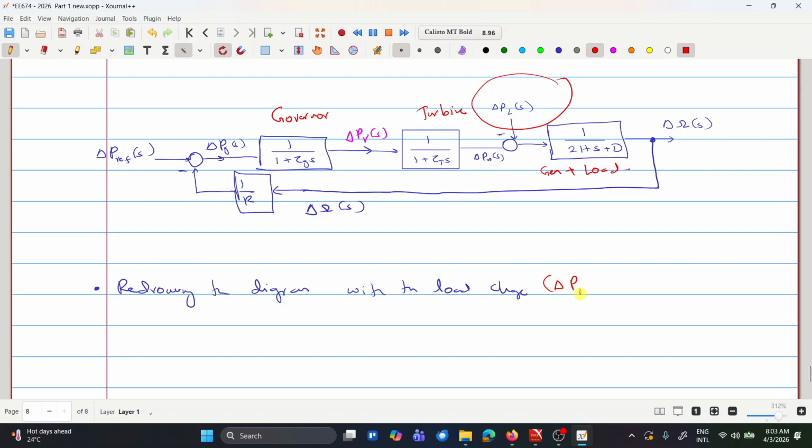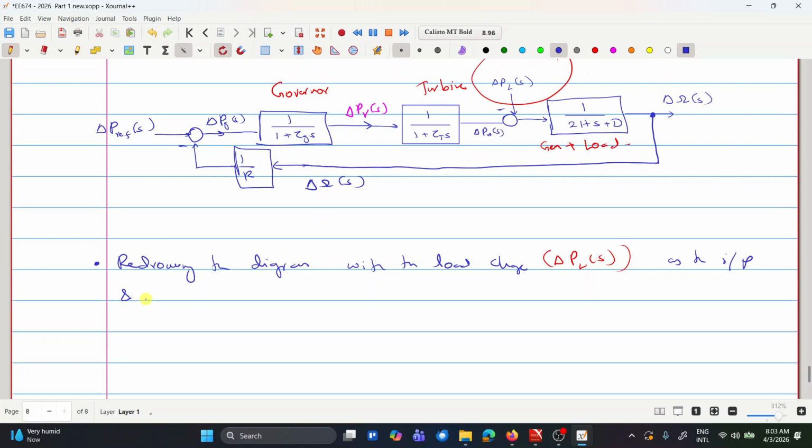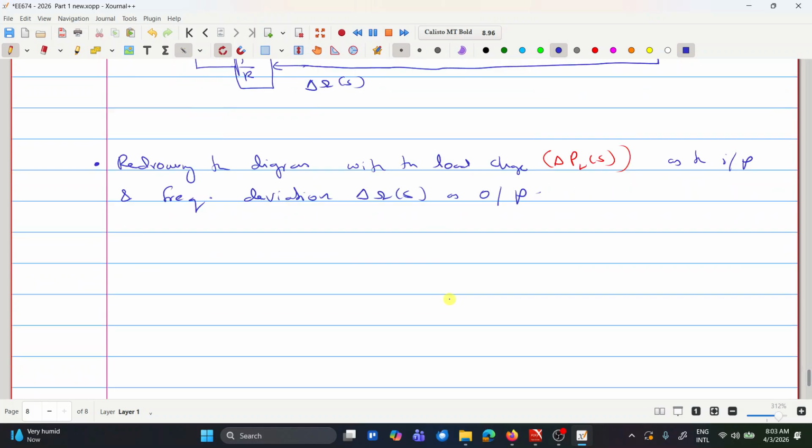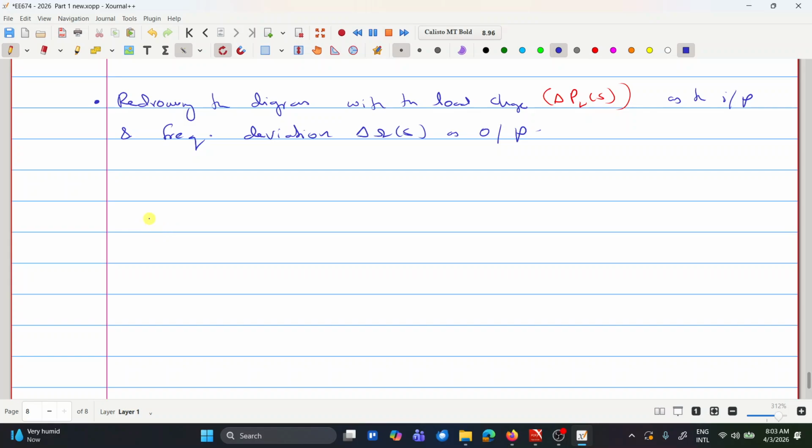Change delta PL as the input, and the frequency deviation, that is delta omega(s), as the output, right? So we will get the delta PL(s) as the input.